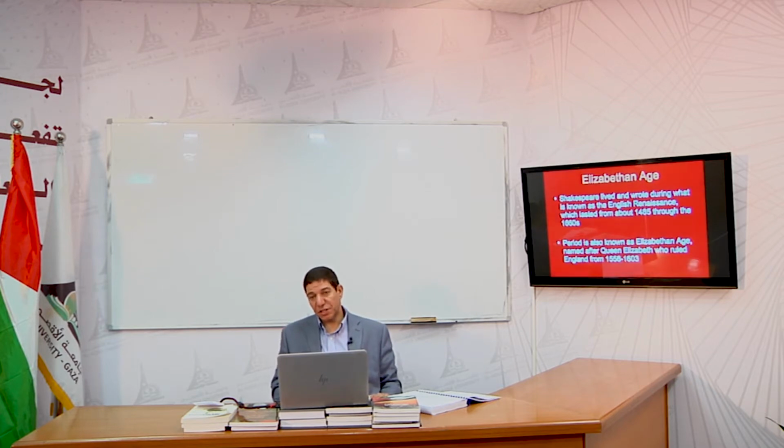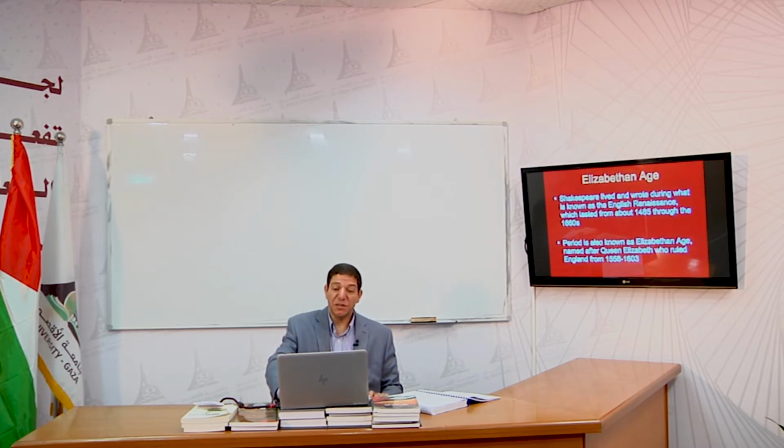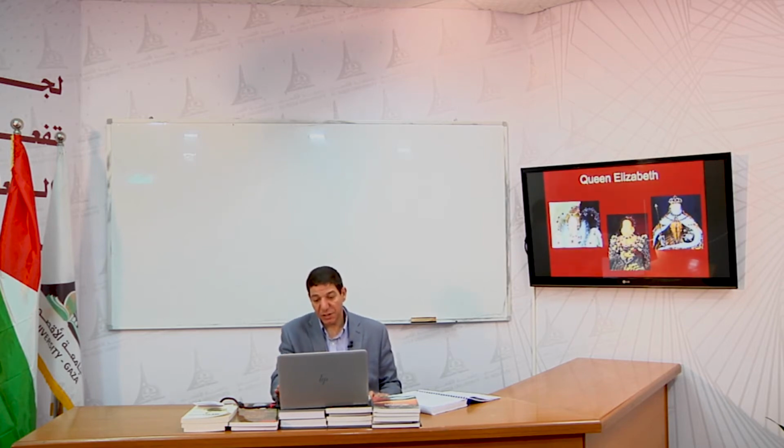Shakespeare, as we mentioned in the first session, was part of the Elizabethan age. He lived and wrote during the English Renaissance, which lasted from about 1485 through the 1660s. This period is also known as the Elizabethan age, named after Queen Elizabeth, who ruled England from 1558 to 1603. This is Queen Elizabeth.